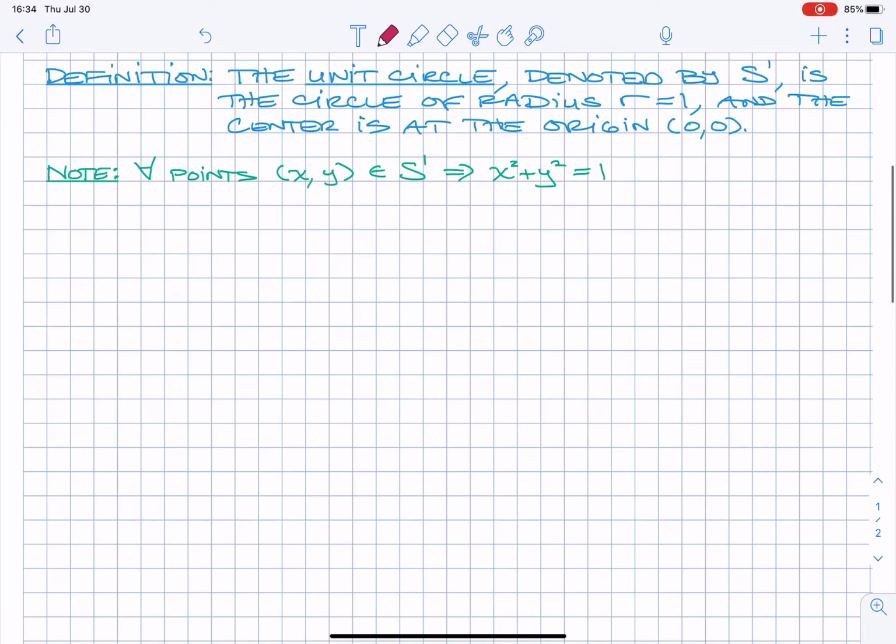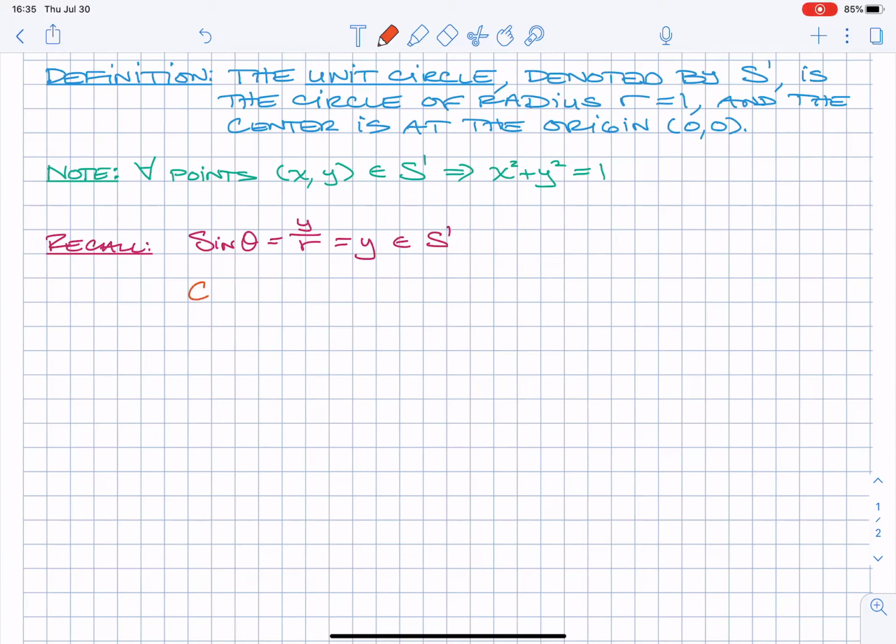So let's recall. For triangle trigonometry, we had that sine of an angle theta was y over radius r. That's just going to be y over 1 if I'm on the unit circle.